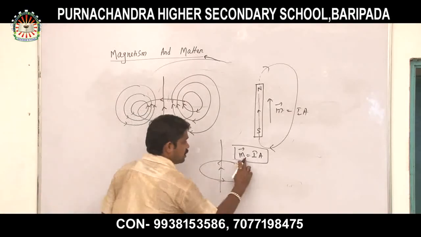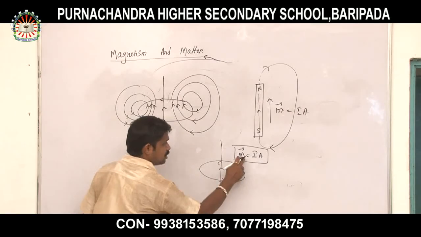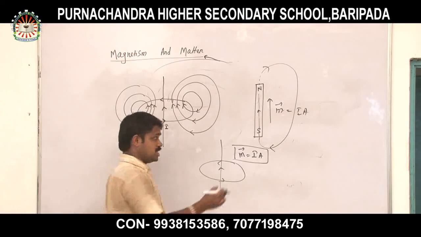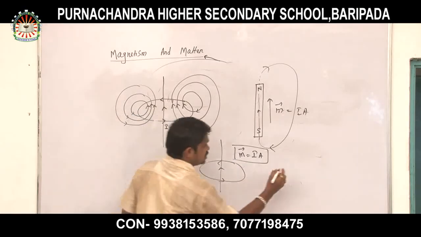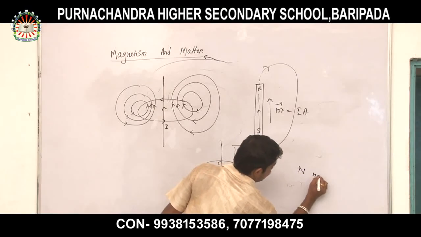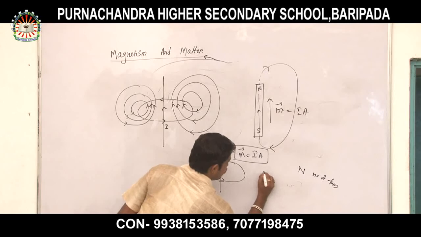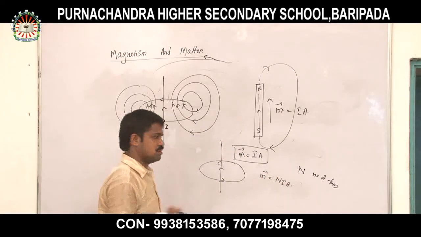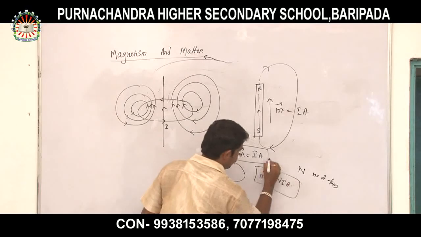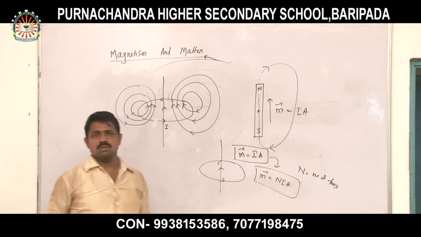Clear? The magnetic dipole moment M is equal to I into A. This formula is applicable when the loop has one turn. If the loop has n number of turns, then I can write M equals n I A. Just multiply by n, where n is the number of turns.